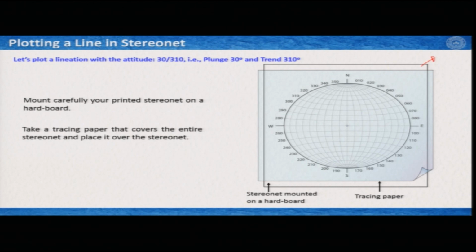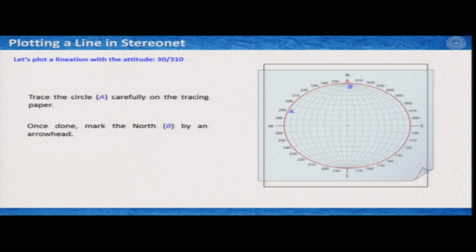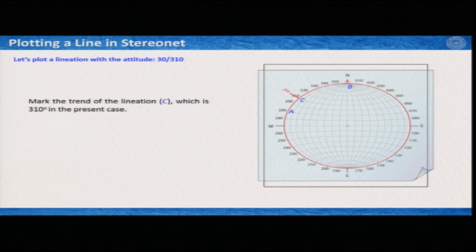To plot this line, first you have to trace the primitive circle of the Stereonet, and mark the north with an arrowhead as it is done here at point B. Now, our lineation trends 310 degrees, so you have to find 310 degrees on the primitive circle. In this case, 310 degrees is point C in this illustration.